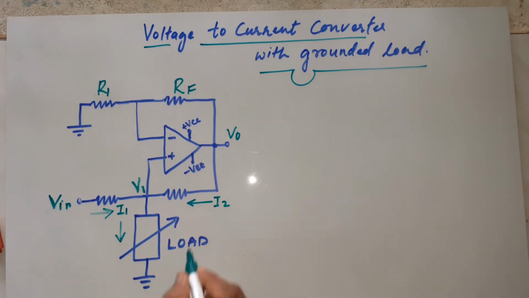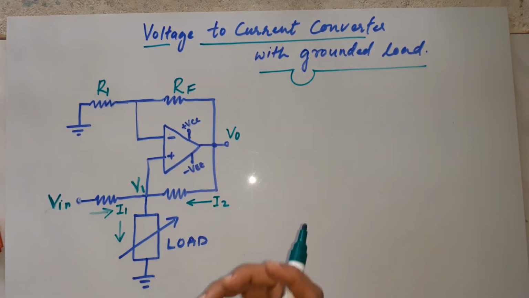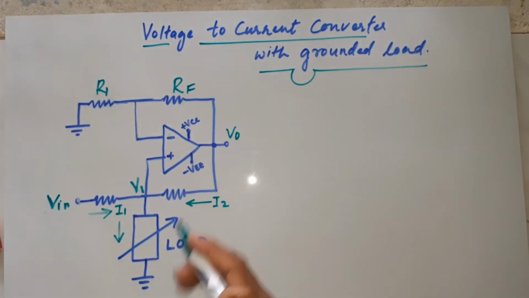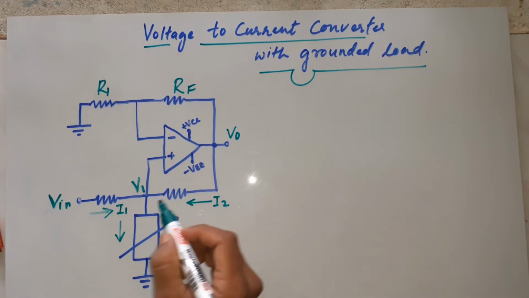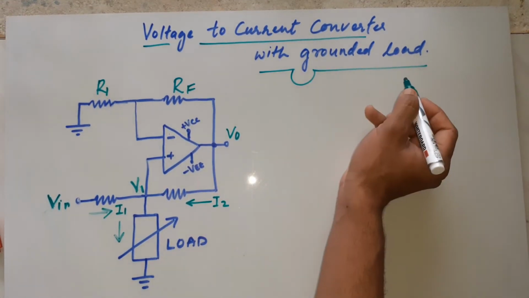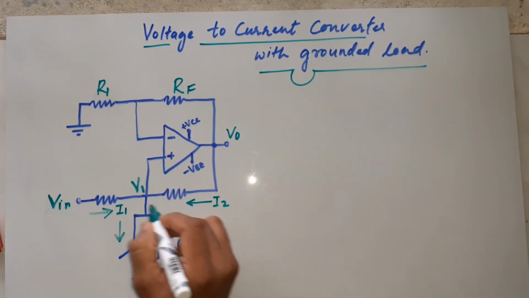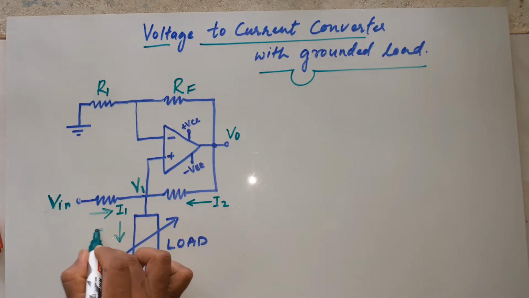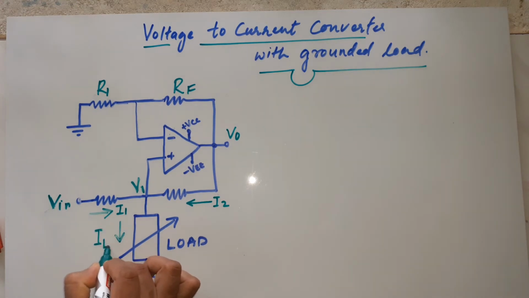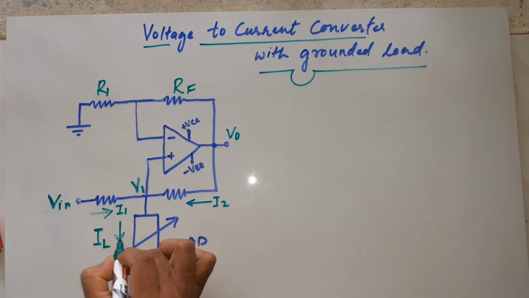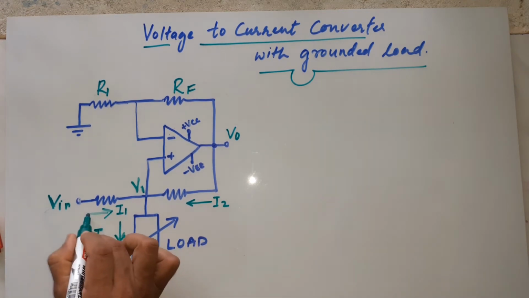Okay. Load can be anything. In whichever load you want to have a control over current through voltage, wherein you are converting voltage into current, that load is to be connected like this. Okay. We call it with grounded load because the load is grounded in this fashion. The current flowing through load is IL.